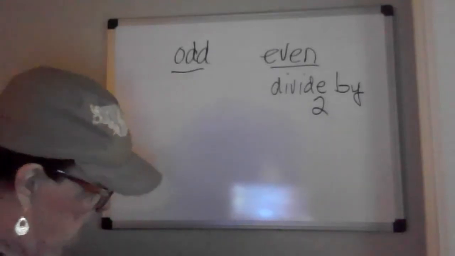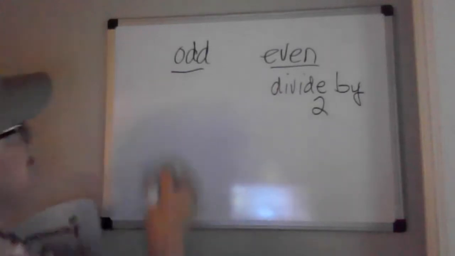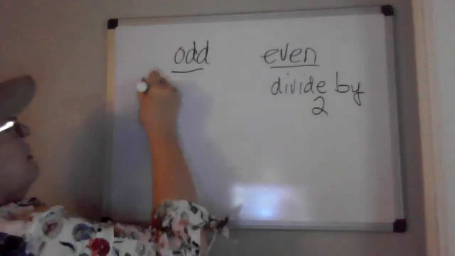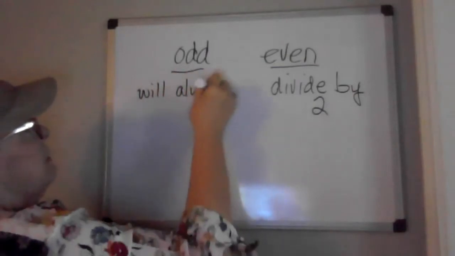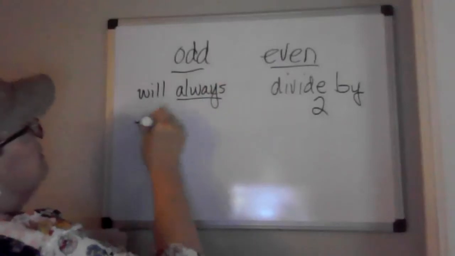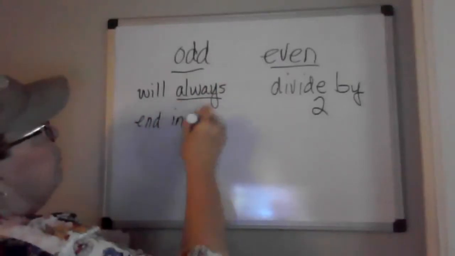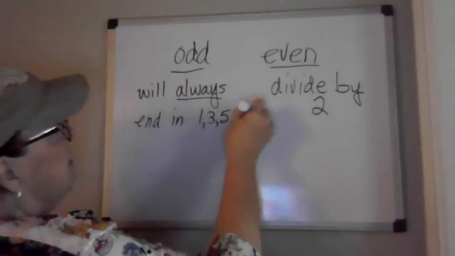There is another hint here, and it says odd numbers will always end in 1, 3, 5, 7, or 9.